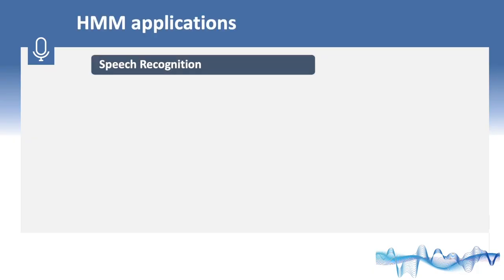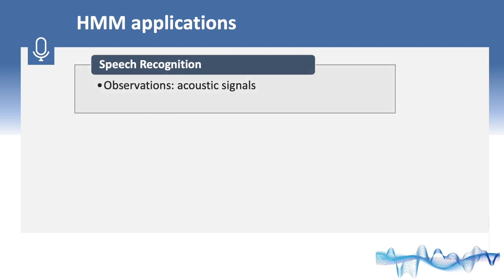In speech recognition applications, the HMM problem is how to predict the original text information through the given speech signal. Here, the acoustic signal is the observation state.